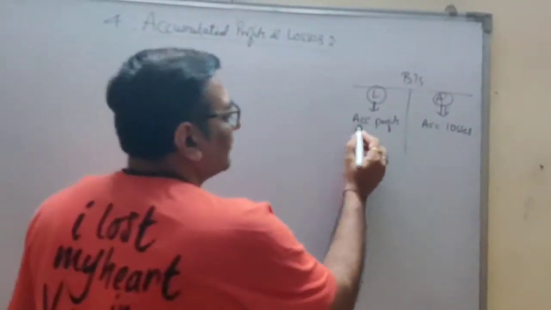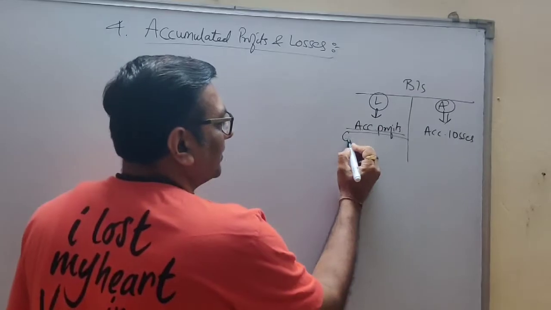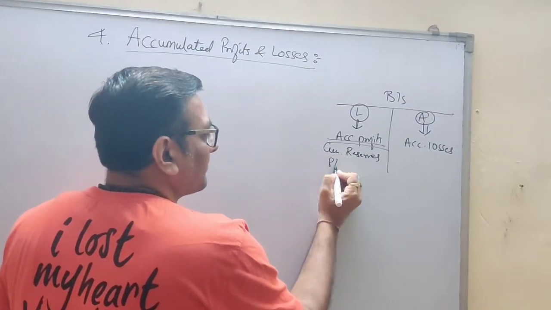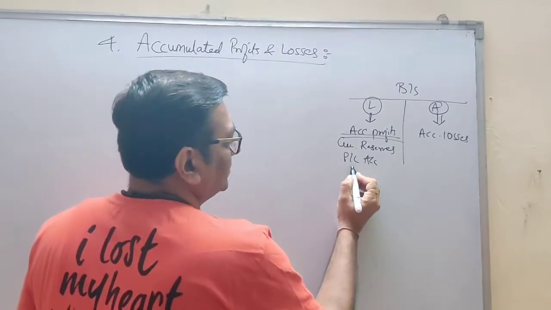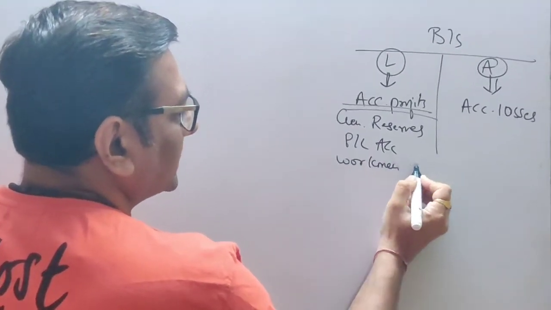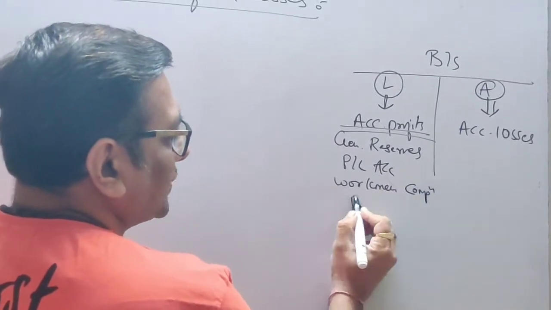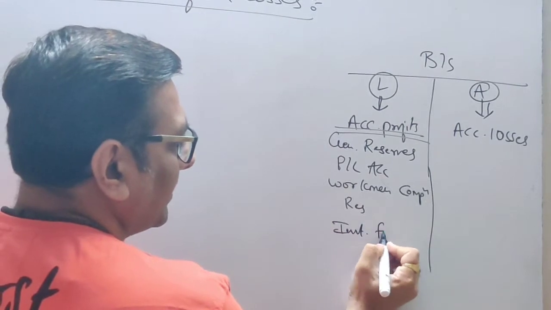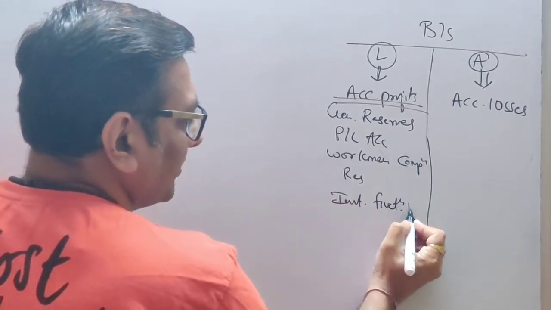Now I'm just writing a few examples of profits which you will be given in the exam. General reserves, profit and loss account, then workmen compensation reserves, then investment fluctuation reserves.